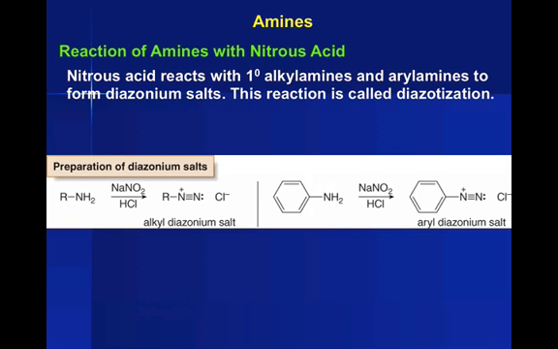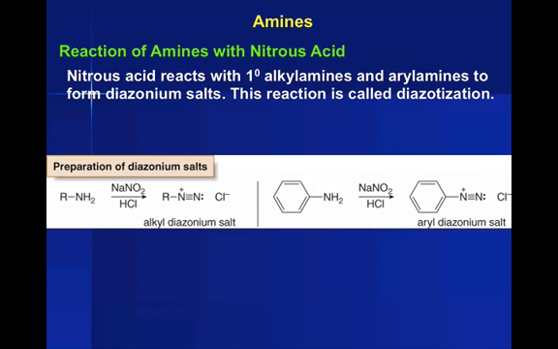So what have I done? I've converted the amine into N2+. The nitrosonium ion reacts with the primary amine, and I replace those two hydrogens with another nitrogen, triple bond. So there's a positive charge on this. This reaction occurs very, very readily.